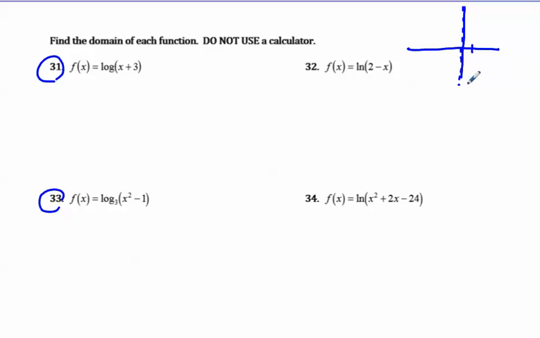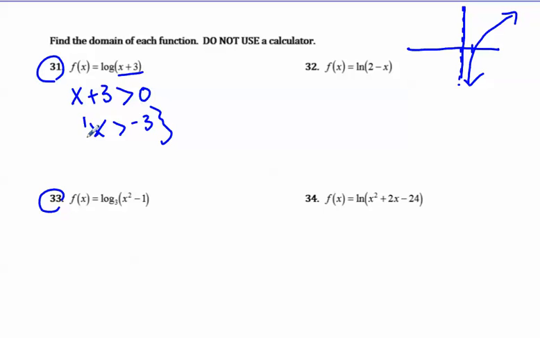And the graph can have any number as an output, but for an input it has to have a number greater than 0. So you take this part right here, the argument of the logarithm, and you set it greater than 0. So in this case, x is greater than -3, and you can put that into set notation by saying all x such that x is greater than -3.